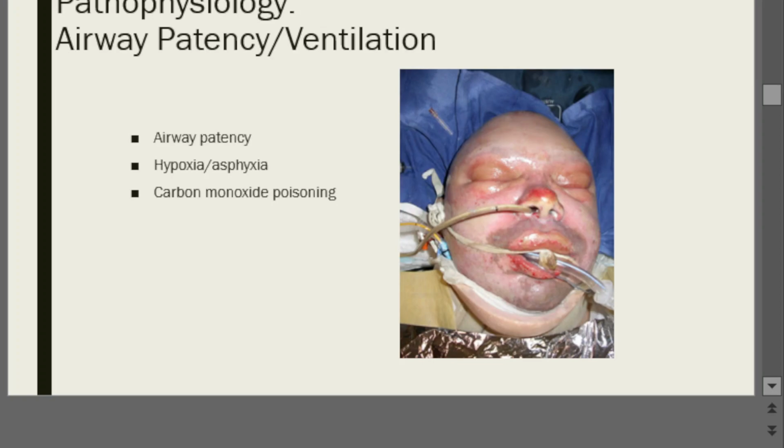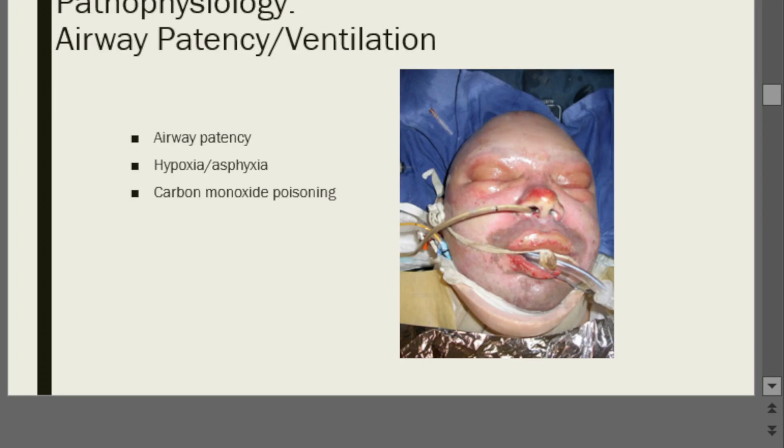This can develop with exposure to fire and smoke. Carbon monoxide is colorless, odorless, tasteless, and it releases into the air during a fire. When you breathe it in, it attaches and replaces the oxygen on the hemoglobin molecule, resulting in carboxyhemoglobin and reducing the oxygen content of the blood.